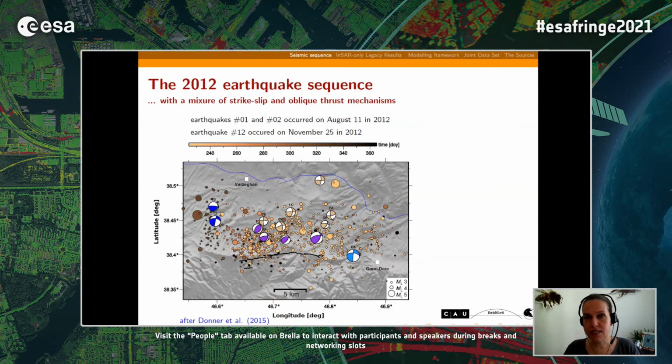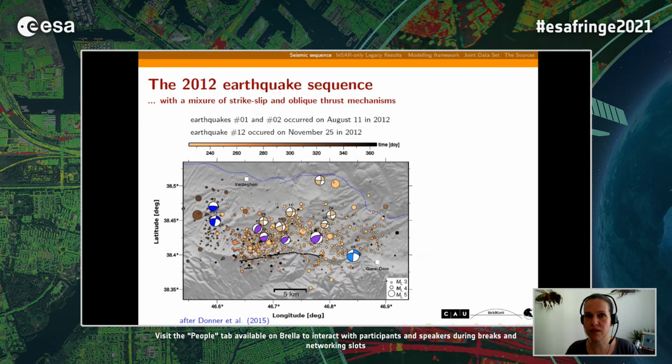What you can see here is the whole seismic sequence for several months after these two earthquakes. The first one is the lighter bluish earthquake, strike-slip earthquake, dextral. And the second earthquake is the largest one, the largest beach ball that you see in purple. And you can see that from seismology, they look like they have different mechanisms, and they're also a bit differently located.